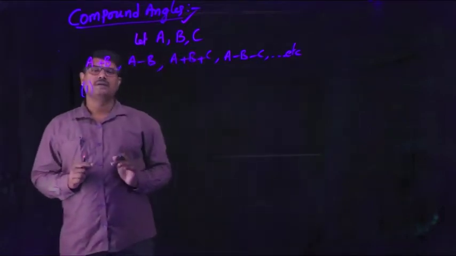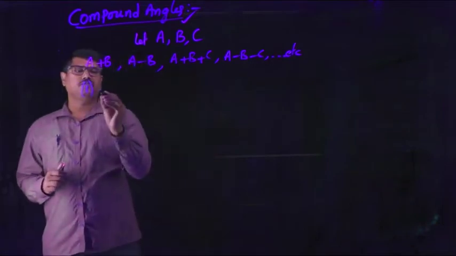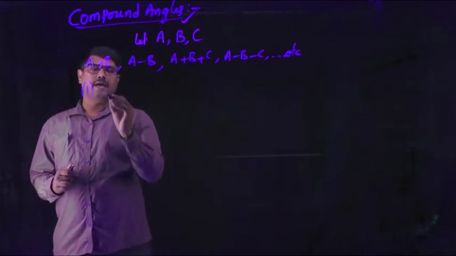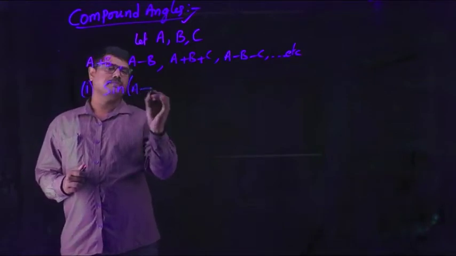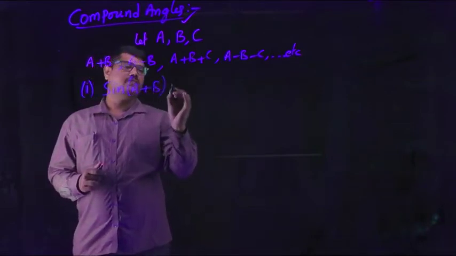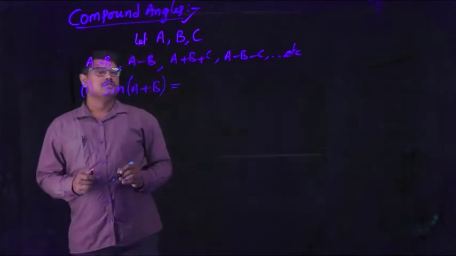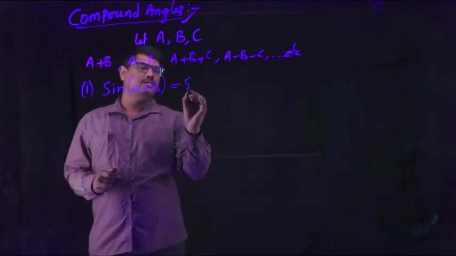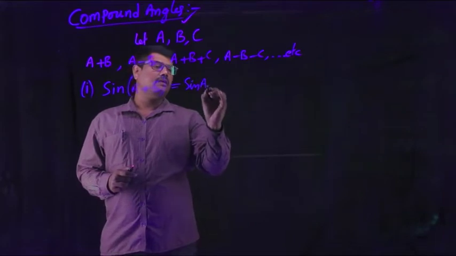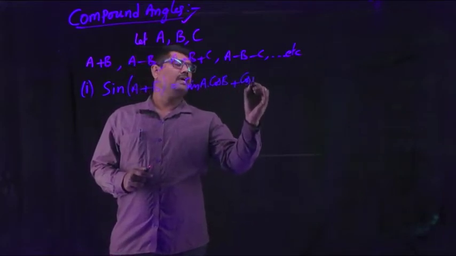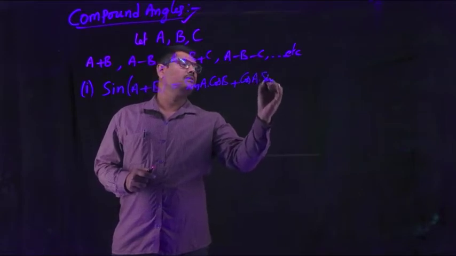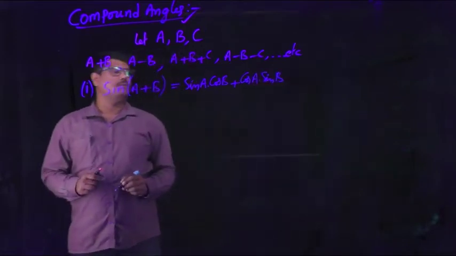The first formula in compound angles is sine of A plus B. The formula is sine A cos B plus cos A sine B. This is the first formula.